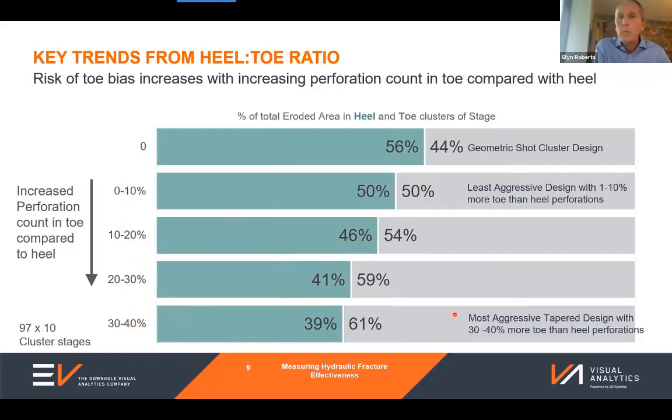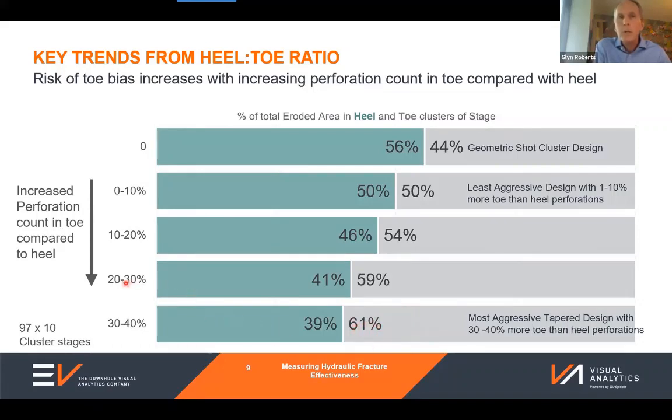So if we had what you might call a tapered design with more perforations in the toe, and we put between 30 and 40% extra perforations in the toe clusters, that resulted in a toe bias. We perhaps made it too easy for the proppant to go into the toe.